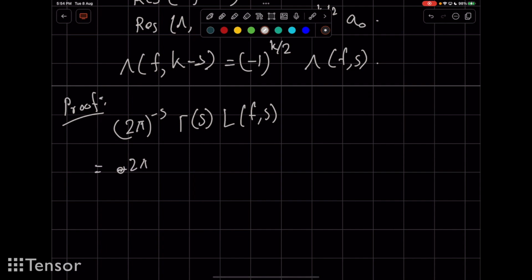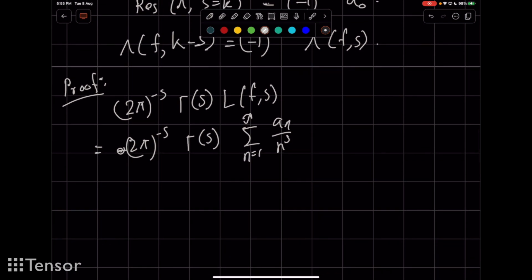The L function is a sum of a_n over n^s, where n goes from 1 to infinity. So this is basically the sum of a_n over (2 pi n)^s times gamma of s, with n from 1 to infinity.